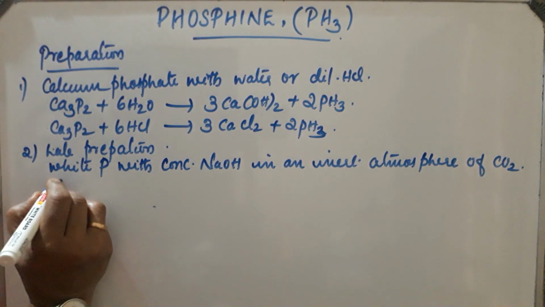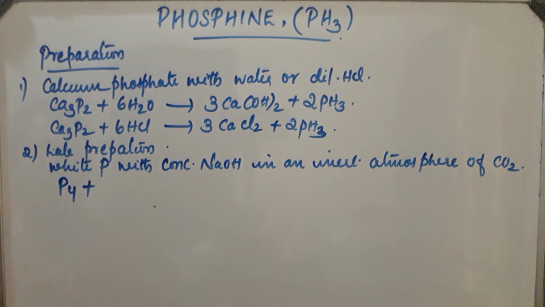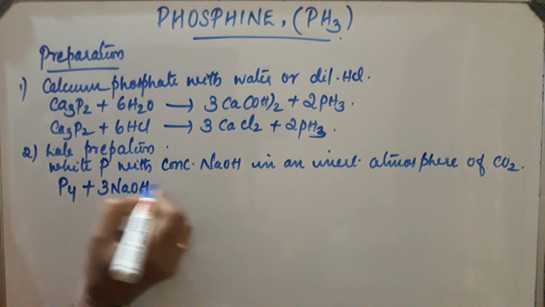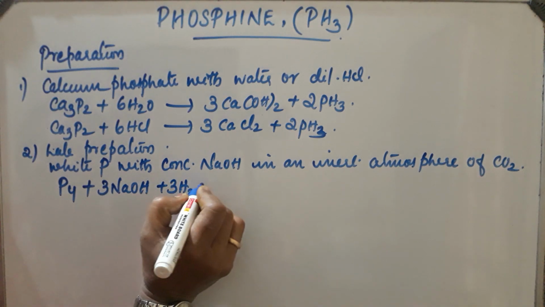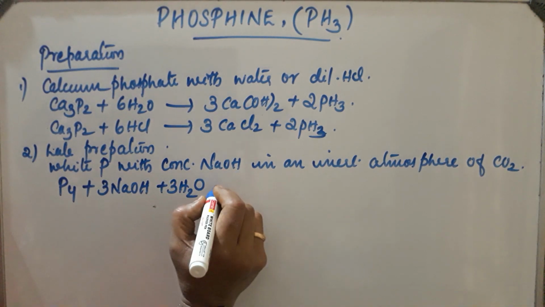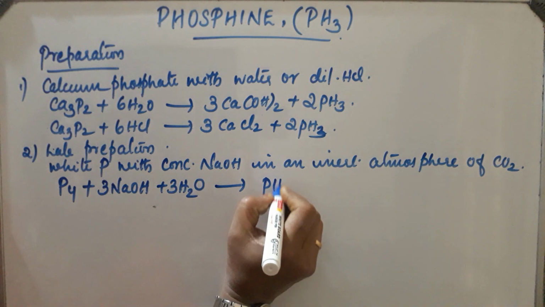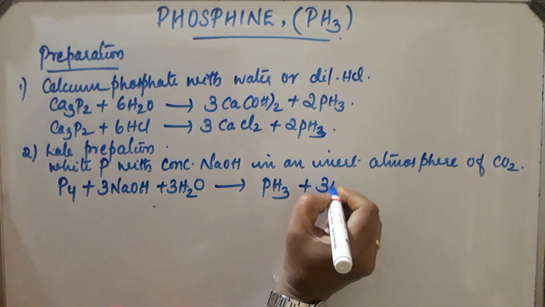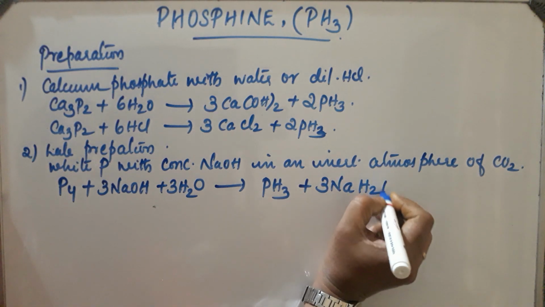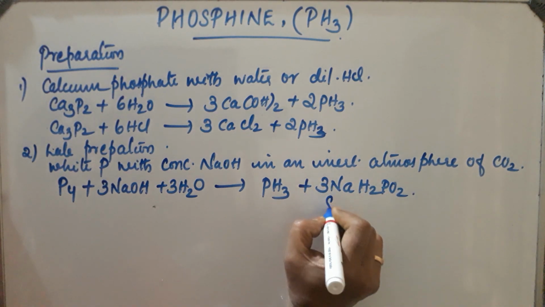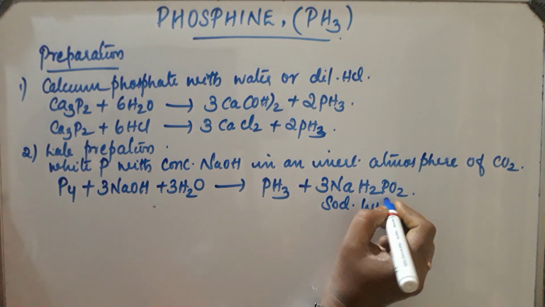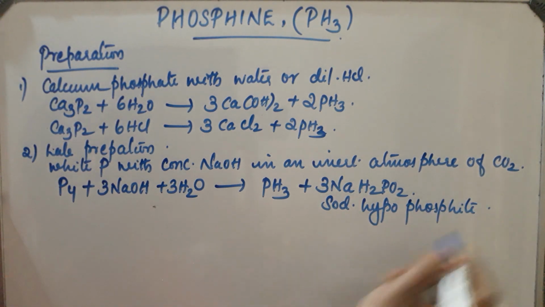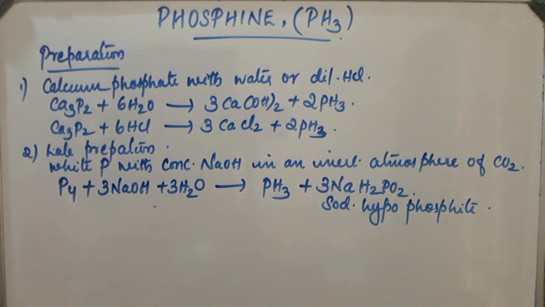P4, that is white phosphorus, with concentrated NaOH plus 3H2O. The reaction is as follows: it gives PH3, that is phosphine, and 3NaH2PO2. Sodium hypophosphite and phosphine are obtained.